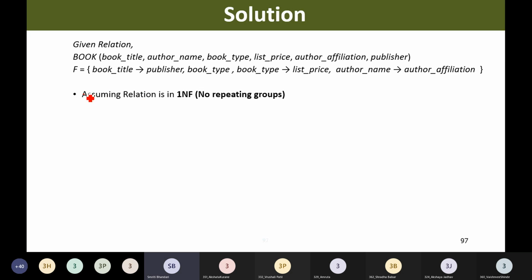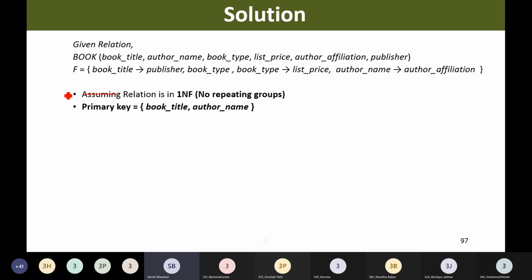Because there are no repeating groups. In fact, this relation is in 1NF because there are no repeating groups, and we have computed our primary key as book title, author name. So this primary key determines the unique values of all attributes, and that is why we may say that this relation is in 1NF.